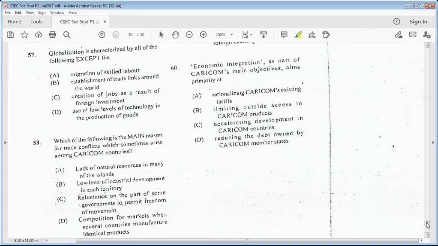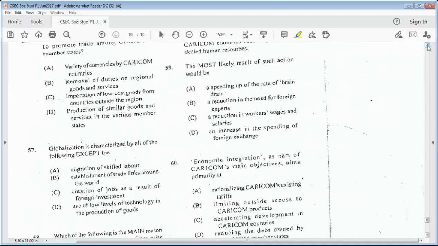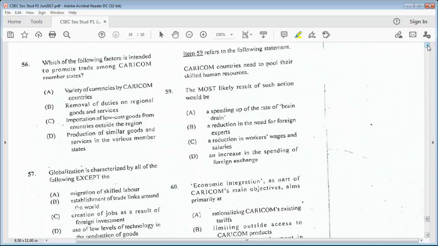Let's move on to 56. It says, which of the following factors is intended to promote trade among CARICOM member states? A, variety of currencies by CARICOM countries. B, removal of duties on regional goods and services. C, importation of low-cost goods from countries outside the region.